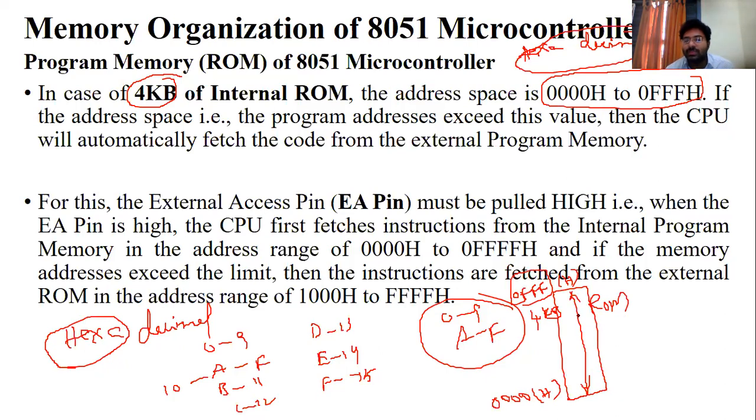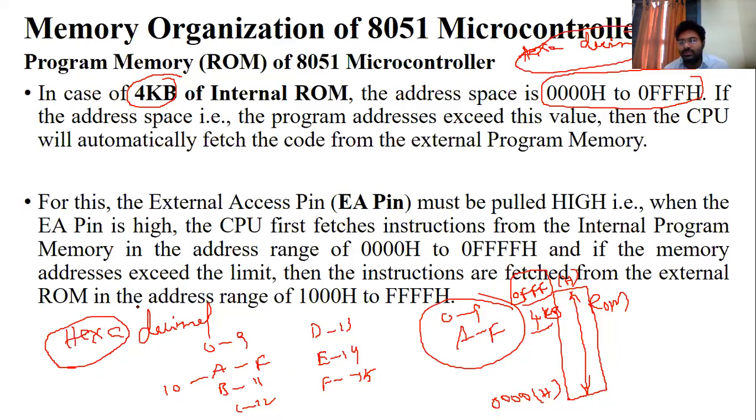This is the ROM memory size, a 4 KB ROM memory size. You can convert this hexadecimal to decimal format and you will get 4000 bytes, or 4 KB of memory. You know the hexadecimal to decimal conversion format.